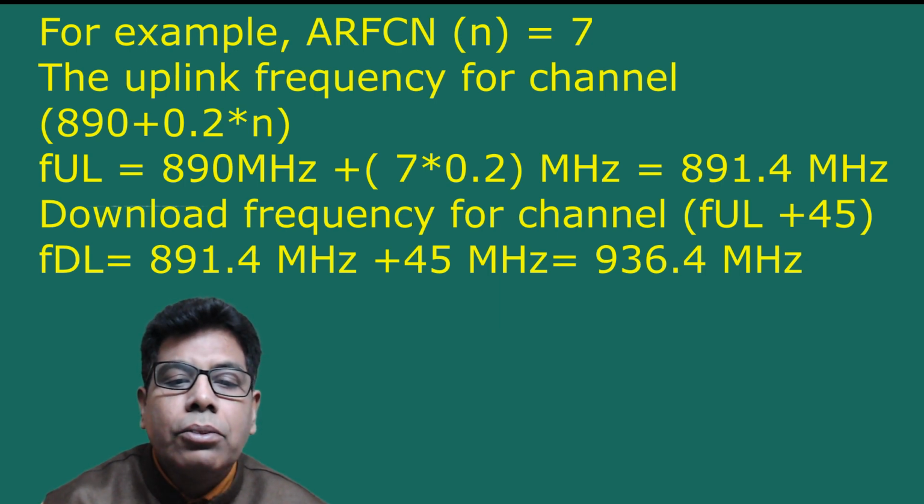So that is equal to 891.4 MHz. Then the downlink frequency for the channel is equal to FUL plus 45 MHz. So FDL is equal to 891.4 MHz plus 45 MHz, that is 936.4 MHz.